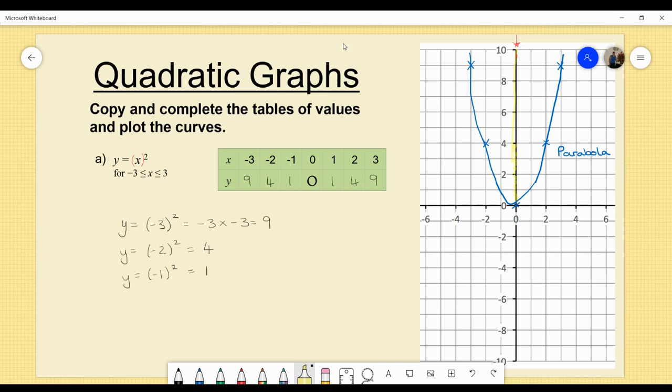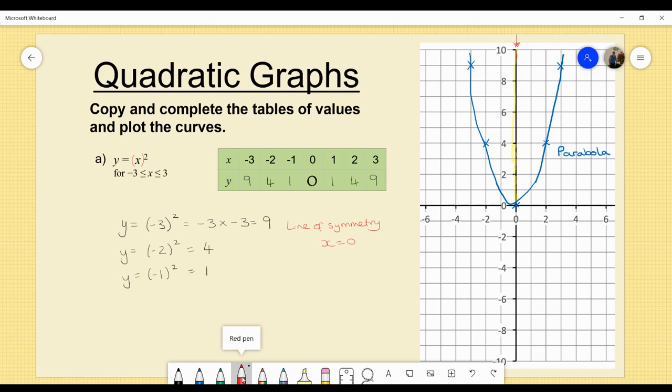But the actual equation for that line, so remember it's a line that is crossing the x-axis and going through 0, so the line of symmetry for this particular graph is in fact x equals 0, or the y-axis.